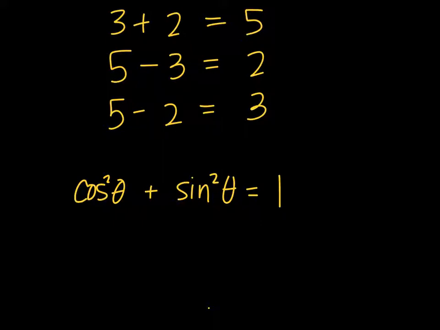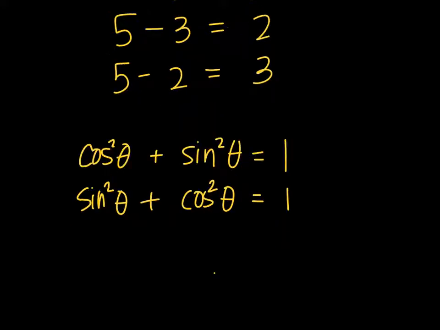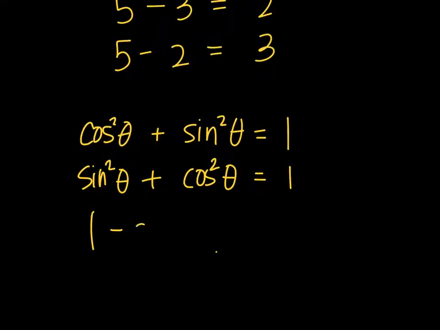Just like you used 2, 3, and 5 to write four different true statements, what else could you tell me about those three things? Sine squared theta plus cos squared theta, in that order, would still equal 1. 1 minus sine squared theta equals cos squared theta. It does not work without the squares. If you drop the squares, it's not a true statement anymore.